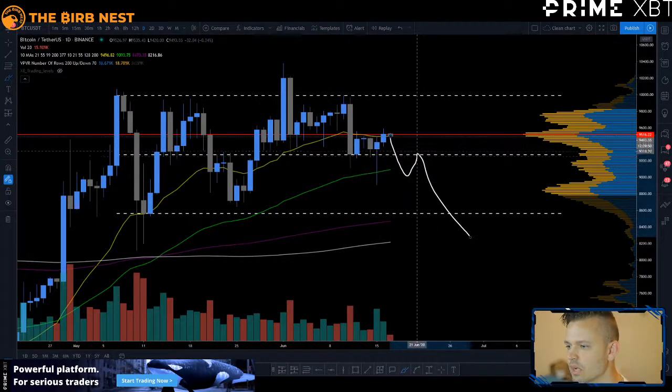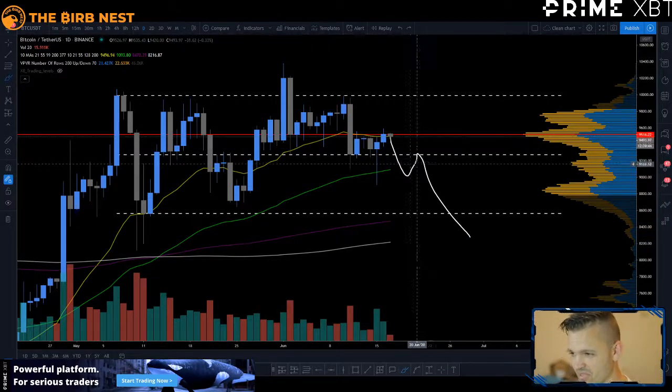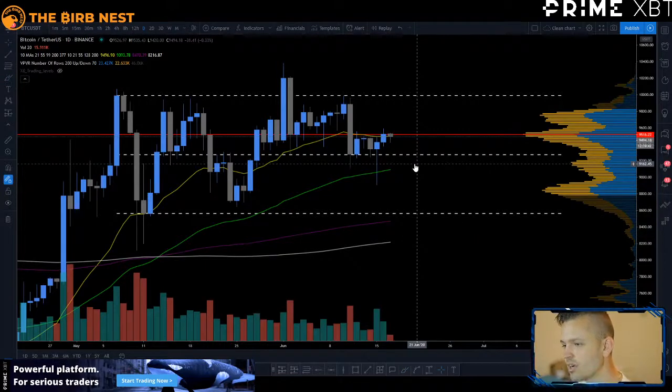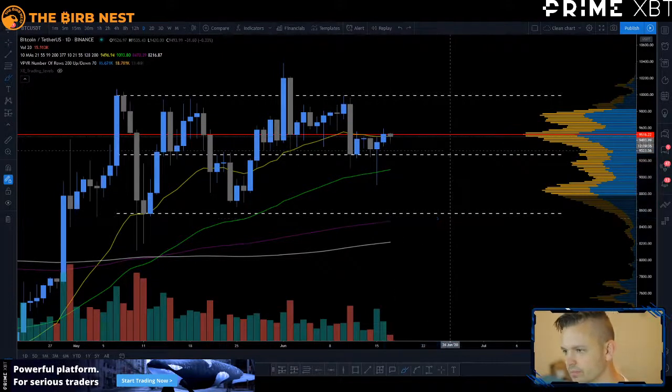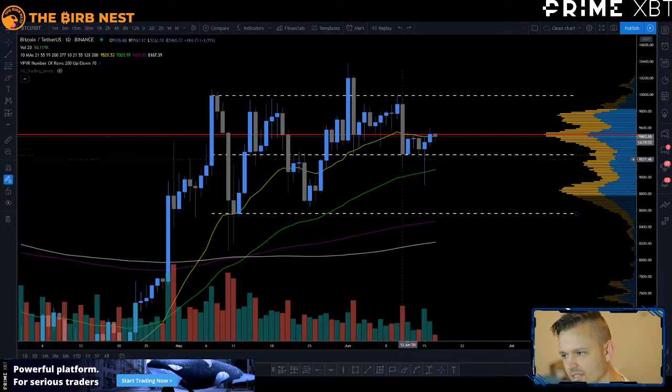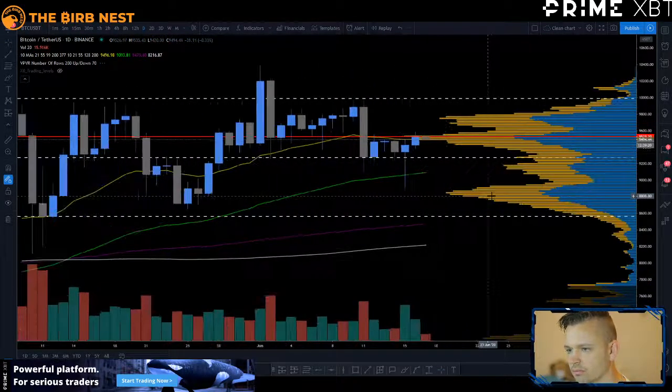And that's when the short idea from yesterday or the day before, I can't remember honestly, probably the day before, the short setup from the last idea I had might be in play again, right? Because this is not really a confident move for Bitcoin, right?